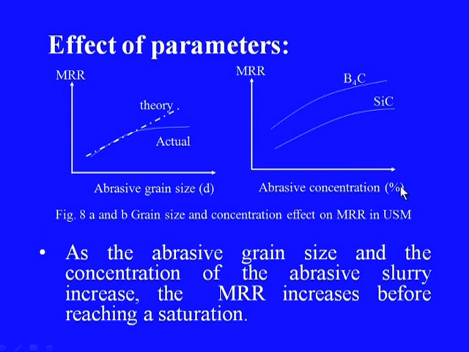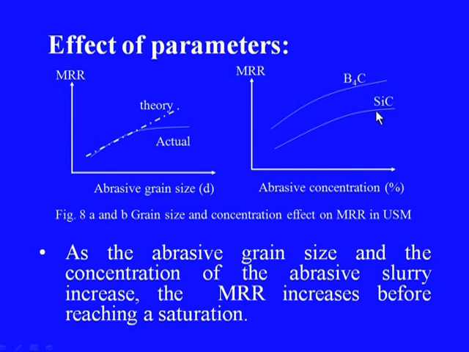Then as far as the abrasive concentration is concerned, this is also showing that as abrasive concentration increases, that means the percentage of abrasive present in a particular volume of slurry media, the material removal rate also increases. However, again the same thing happens beyond a particular optimum level: the increase ceases or the rate of increase comes down appreciably, rather it shows a tendency of saturation.